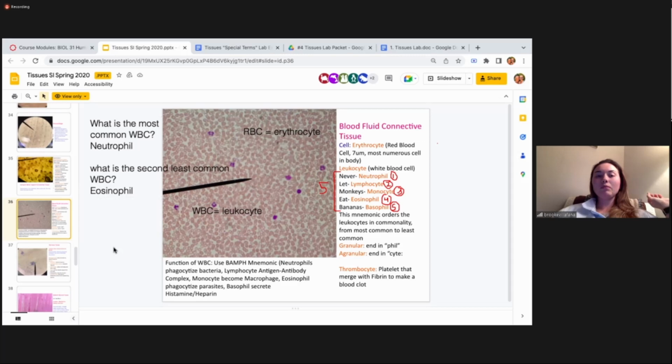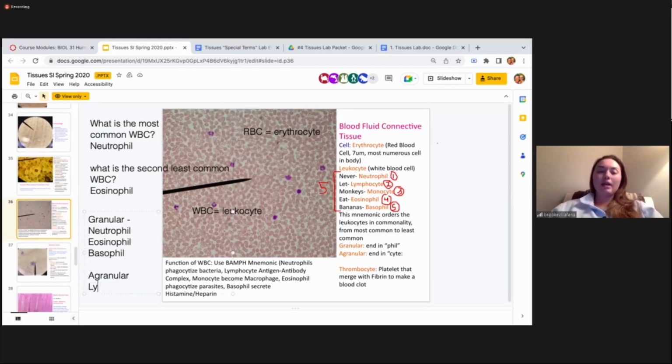You also need to know whether they are granular or agranular. Neutrophil, eosinophil, and basophil are all granular. Lymphocyte and monocyte, both of those are agranular.